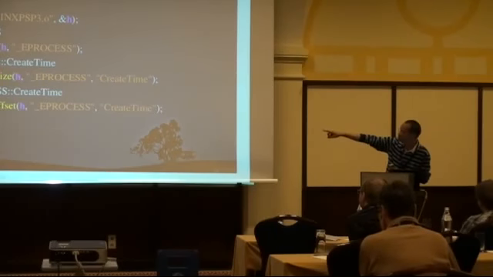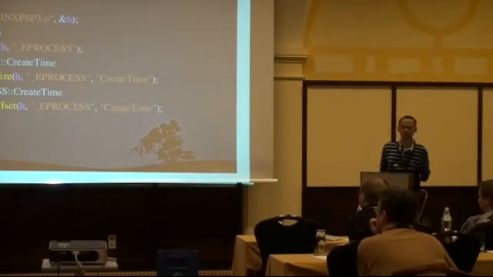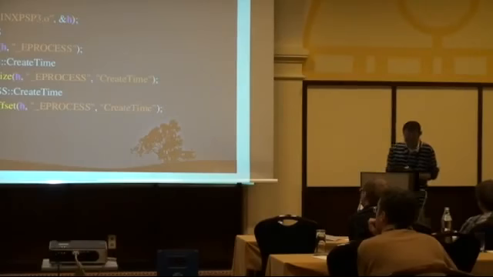And the last one returns the offset of the create time in the EPROCESS. So you can see that the same code can work with all the Windows versions as long as you open the correct Windows object file. It can be Windows XP, Windows 2003, Windows Vista, Windows 7, and so on. So the main code doesn't change.